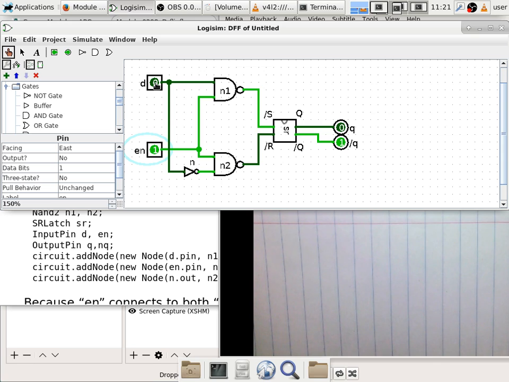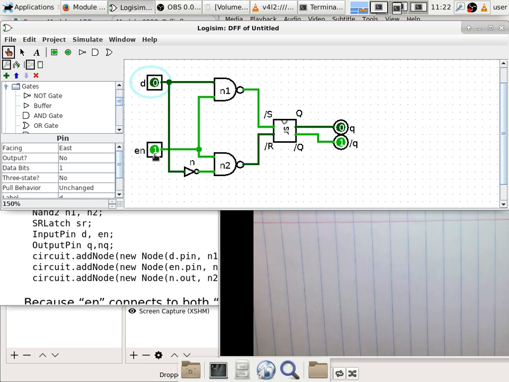Okay. So as long as En is a 1, whatever I specify in D is going to affect the SR latch. You see how the change of D is changing the SR latch right away. Okay. If I turn off enable, I can do whatever I want with D. Nothing happens. Is that okay?